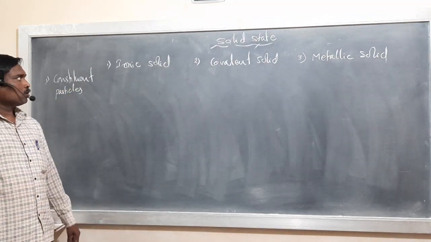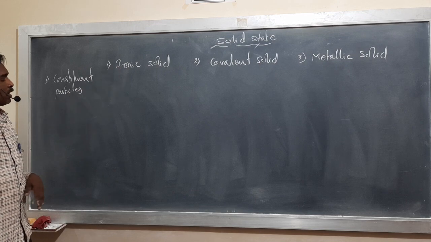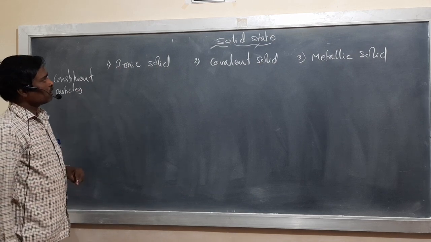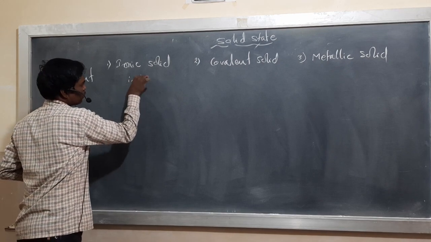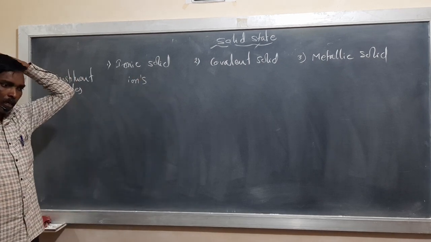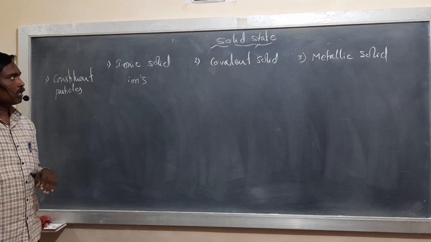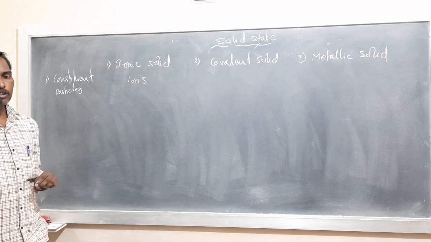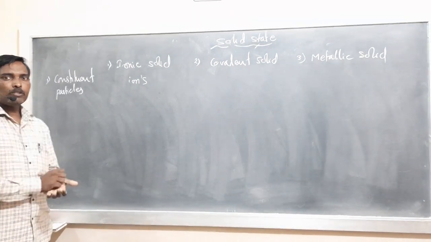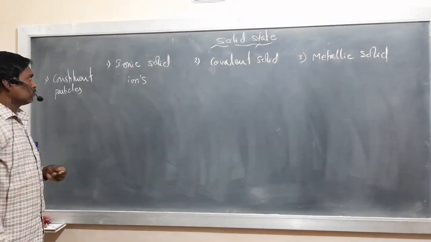In ionic solids, the constituent particles are oppositely charged ions. For example, sodium chloride is a type of ionic solid in which the constituent particles are positively and negatively charged ions.